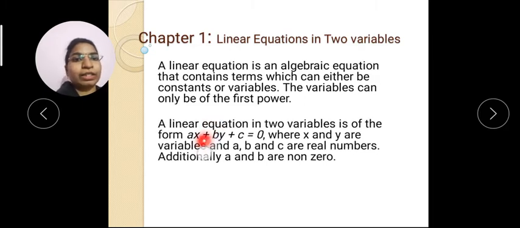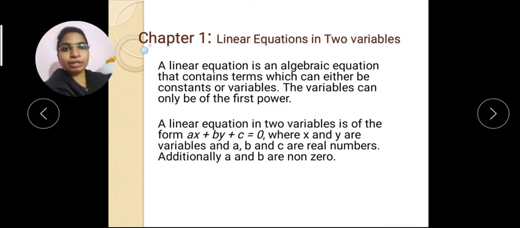So friends, this is the general form of linear equation in two variables, that is ax plus by plus c equal to 0. In this equation, x and y are the two variables which have degree 1. We can say power 1, and a, b and c are real numbers. And a very important thing is that a and b should not be equal to 0.